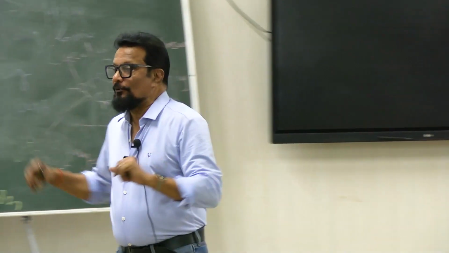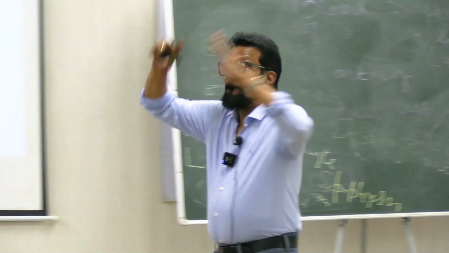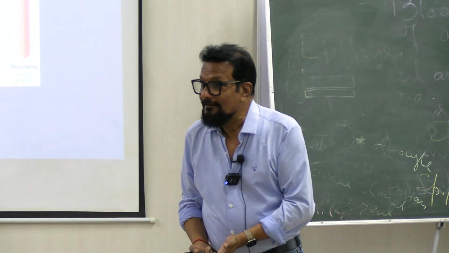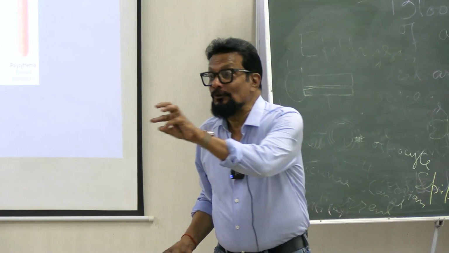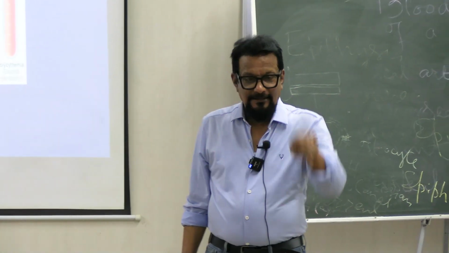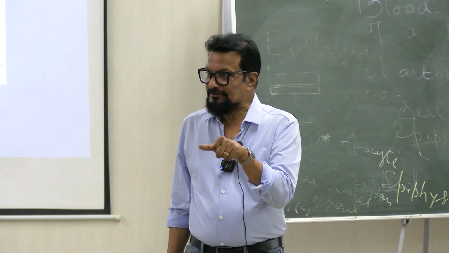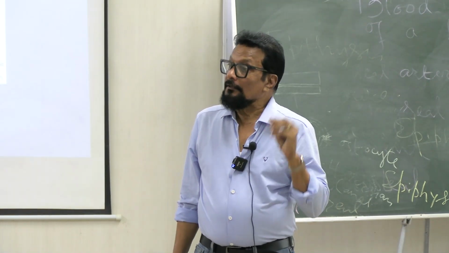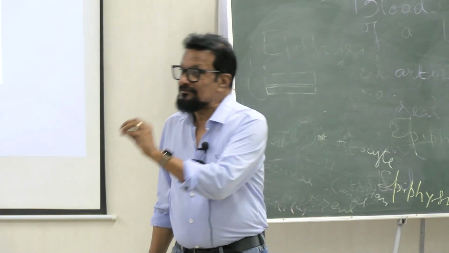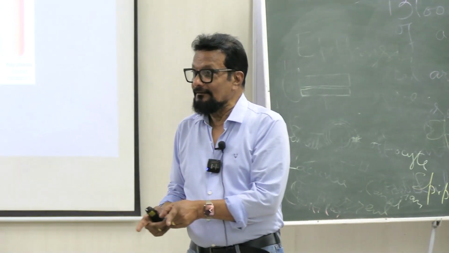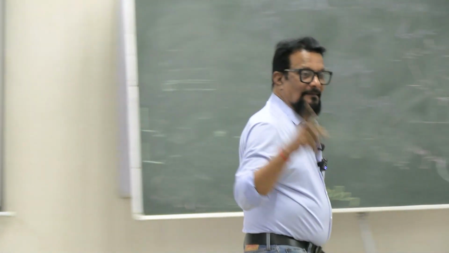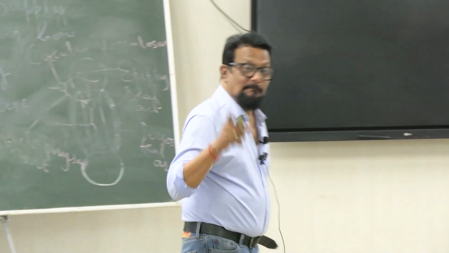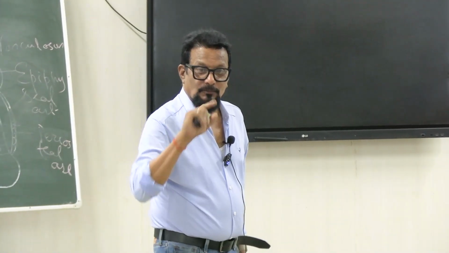Again, another type of RBC you will get is macrocytic, but normochromic. In a normal size RBC, the amount of hemoglobin is a certain amount, and here it has the same amount, but the cell is bigger. So this is macrocytic, normochromic.